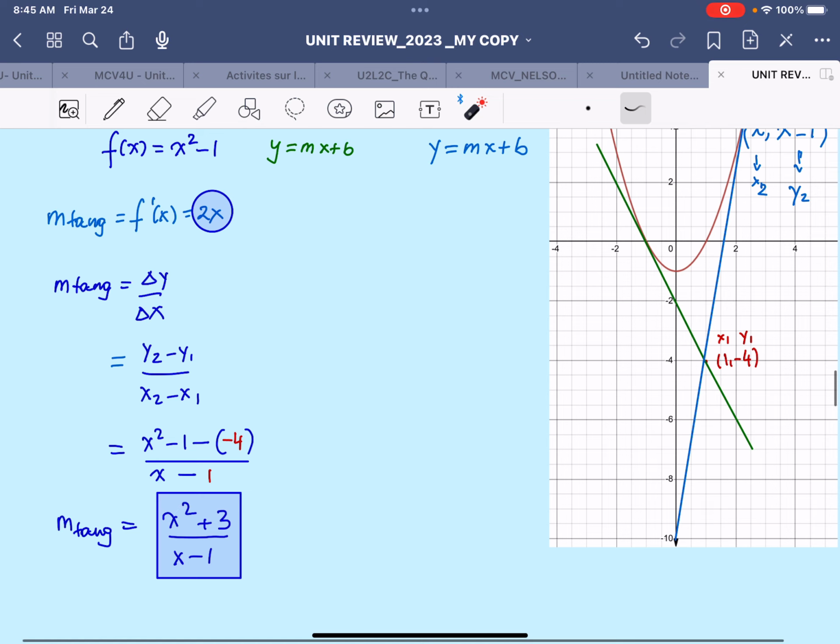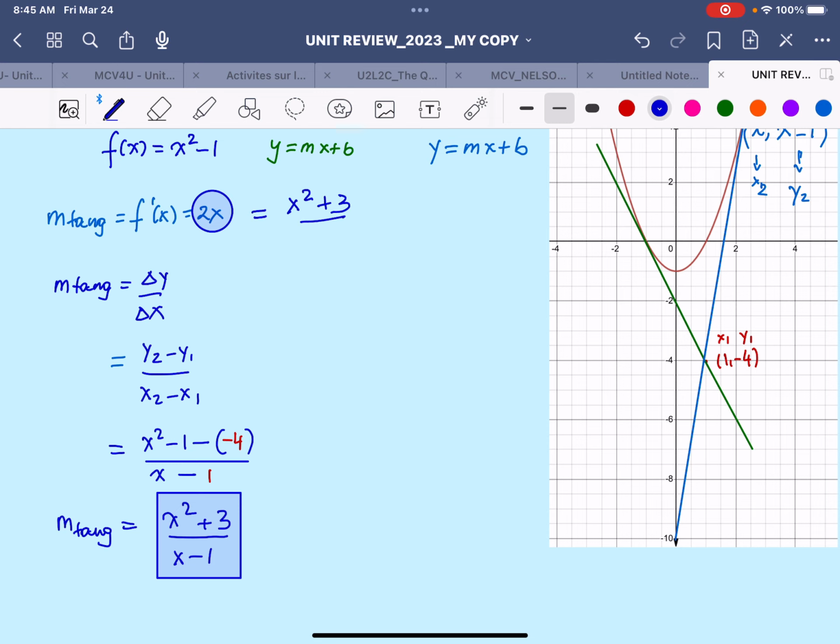So what we're going to do next is equate 2x with x squared plus 3 over x minus 1 and solve for x. That will allow us to find the coordinates of the point of tangency. So we have a quadratic equation that we have to solve here that involves a rational expression as well, or we should say a rational equation that involves quadratic expressions as well.